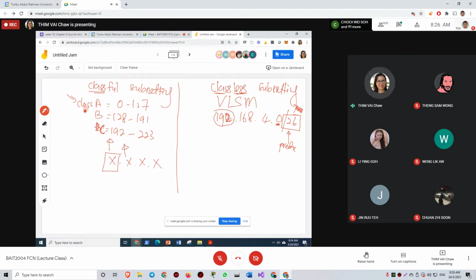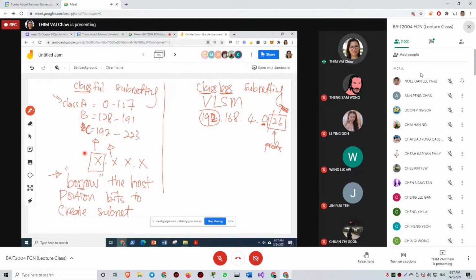So next, you think about borrowing. Always think about borrowing for classful subnetting. You need to borrow the bit. What bit? From your host portion bits, to create a subnet.